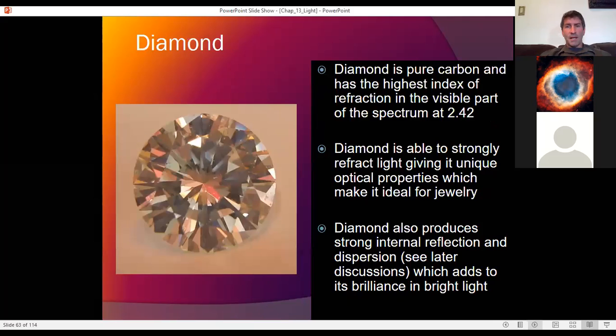Diamond has the highest index of refraction of any really transparent material, at 2.42. High index of refraction, but it also has a large total internal reflection.